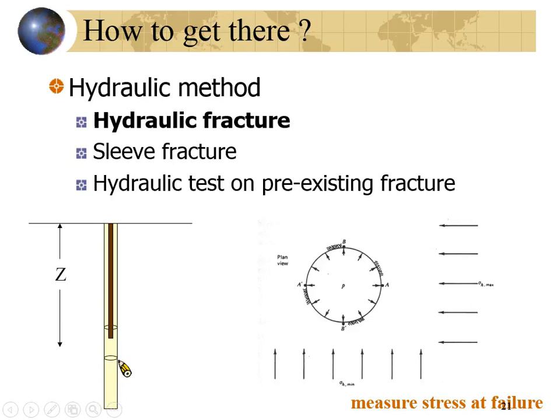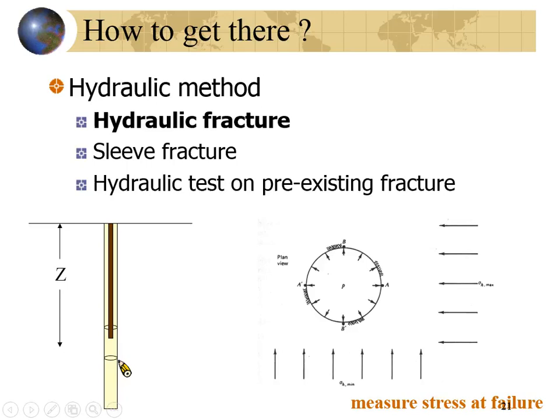Then the crack will propagate. So we can try to measure the response from the pressure rising and the pressure dropping because of the occurrence of failure. The failure of the rocks is highly related to the in situ stress. So we can determine the in situ stress using the hydraulic response.